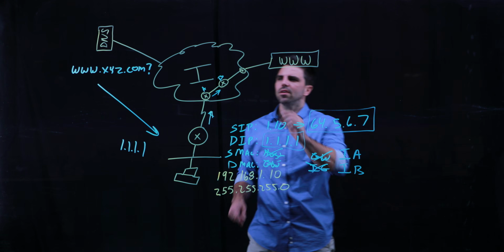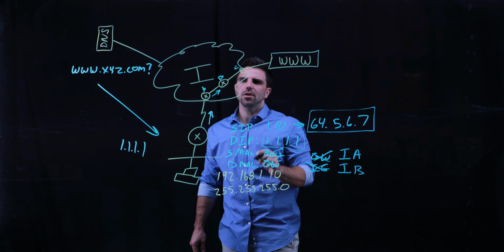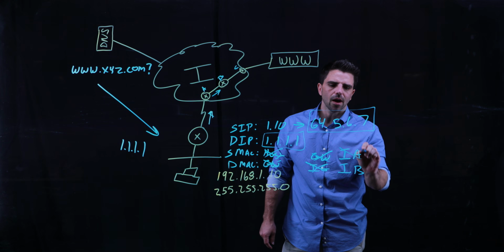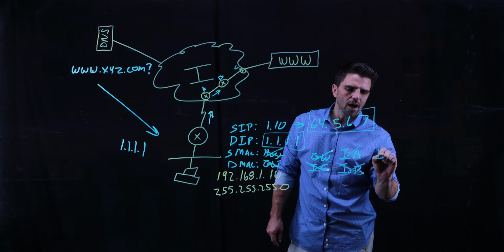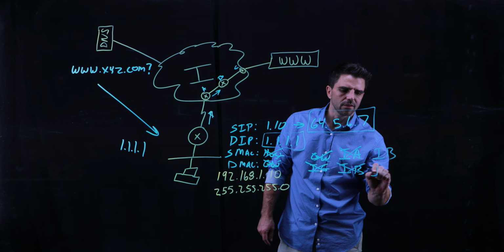And through each of these hops, if we have C here, the same thing is going to happen. A is going to get stripped, B is going to get stripped. It's going to go IB to IC.